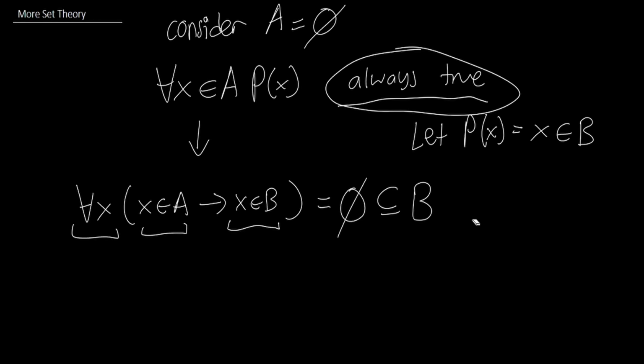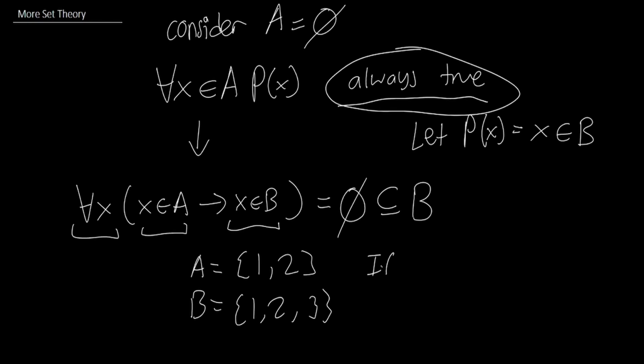And the intuition behind this is rather simple. So let's say you have the set 1 and 2 as A and B as 1, 2, and 3. Then will you agree that if A is a subset of B, then B union A is always the same as B? Well, this is true because there are no new elements from A. So if you take the union between B and A, you won't get anything new because A is just simply a subset of B. It doesn't have any new elements inside of it.